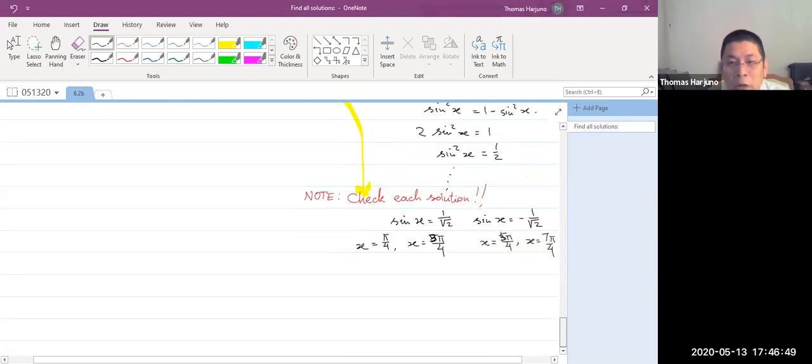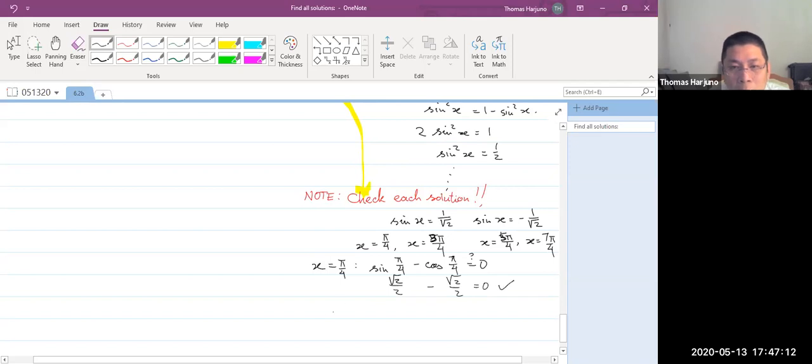Now I check when x equals pi over 4, is it true that sine pi over 4 minus cosine pi over 4 equals 0? That's radical 2 over 2 minus radical 2 over 2, which equals 0. That's a check.